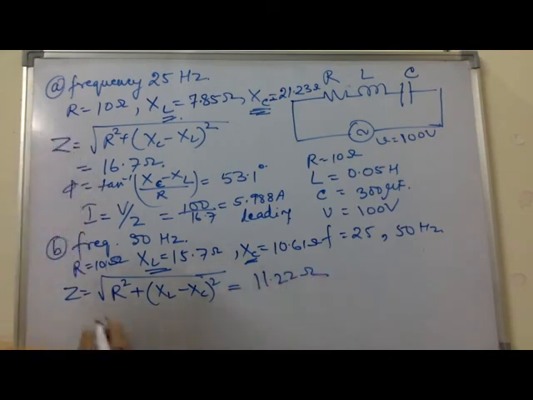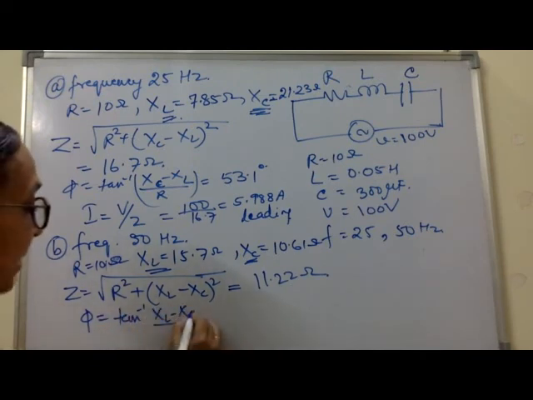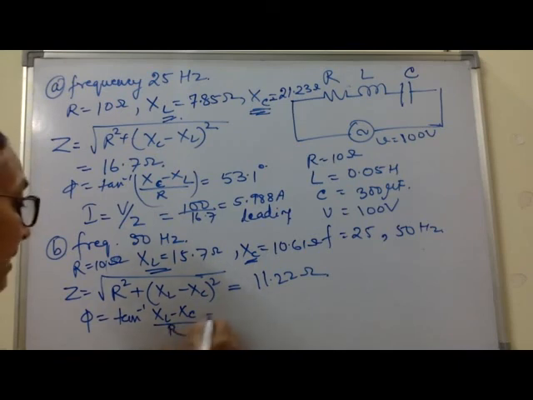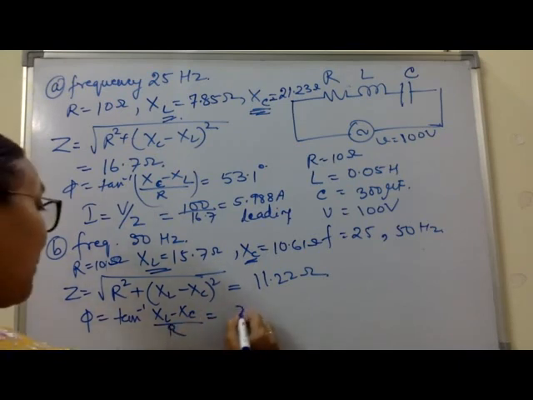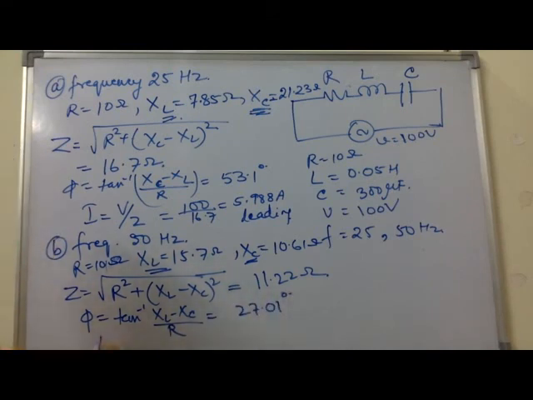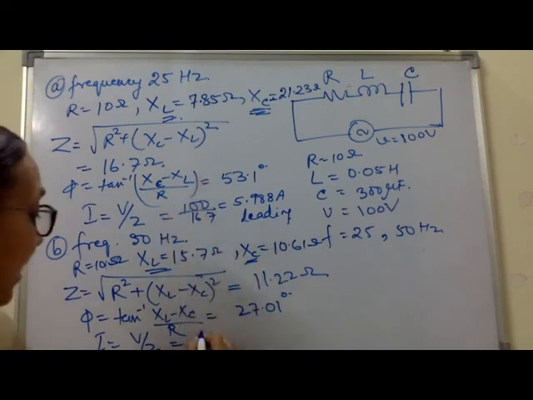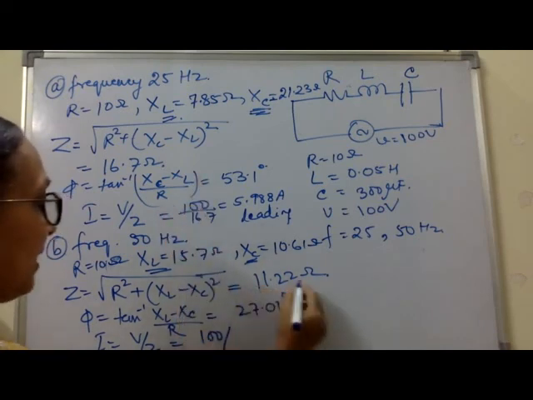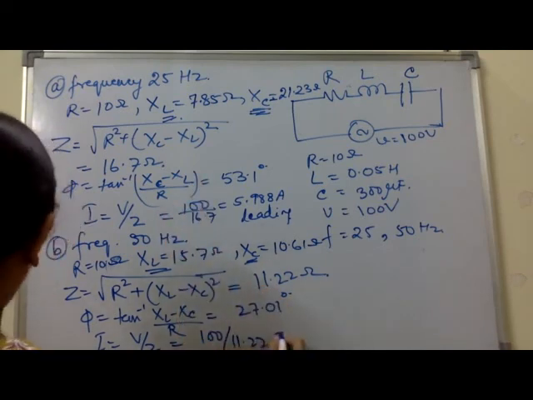11.22 ohms, and phi will be tan inverse of XL minus XC by R. This comes out to be 27.01 degrees, and the current will be V by Z, that is 100 divided by the total impedance 11.22.